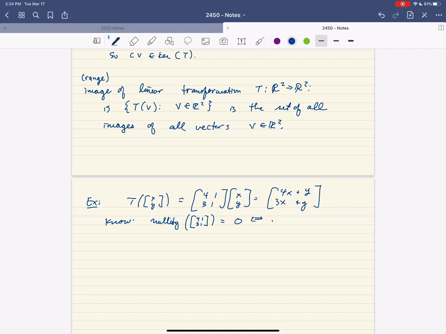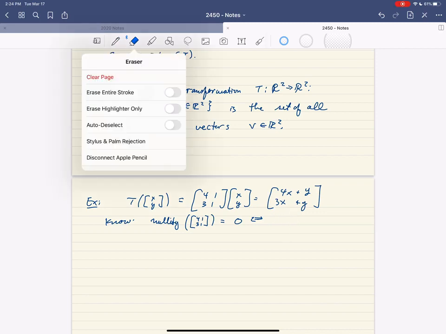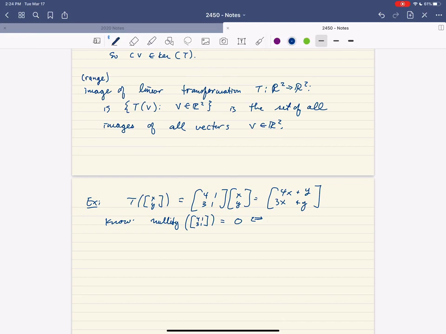That happens if and only if the null space itself of the matrix 4, 1, 3, 1 is 0, 0.